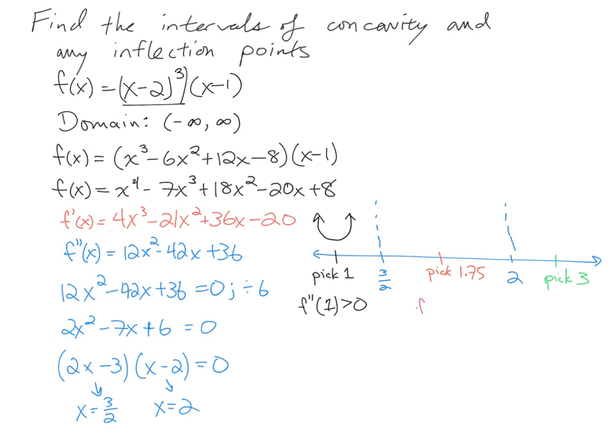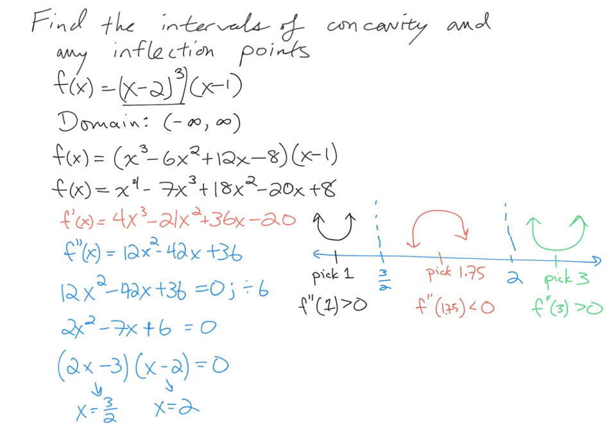You can substitute 1.5 into the second derivative and figure out that it is negative, and I represent concave down like this. And if you substitute 3 into the second derivative, you'll get that it is positive, which means it is concave up on that interval.